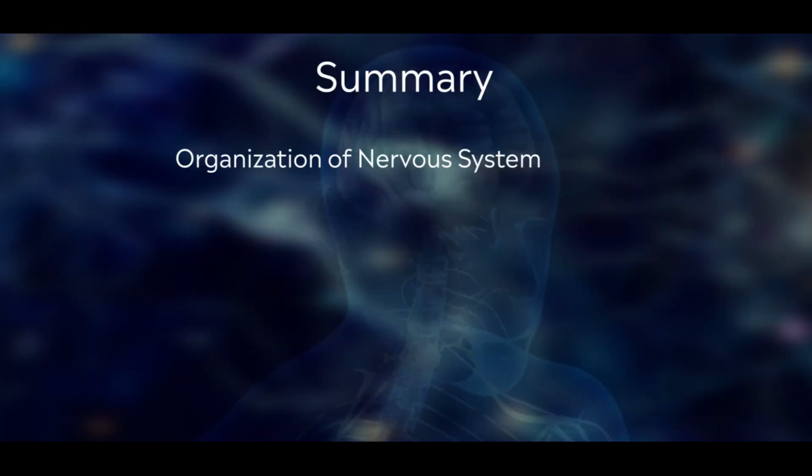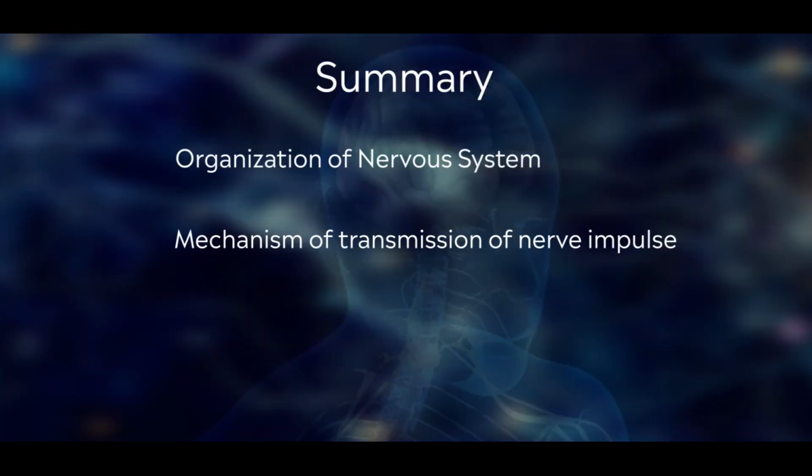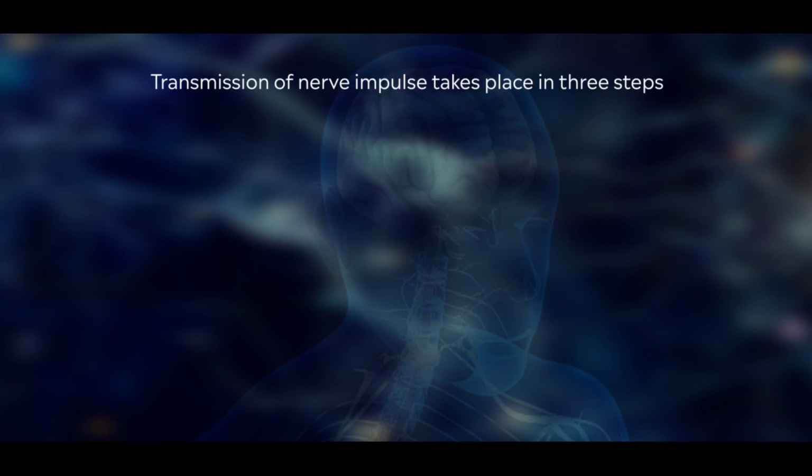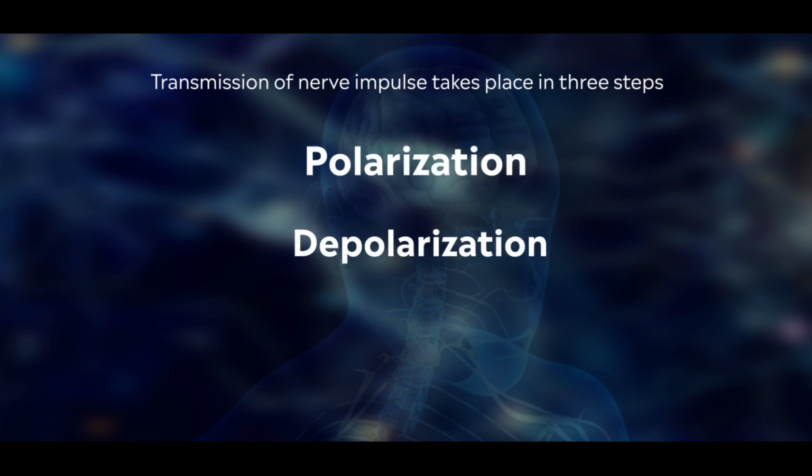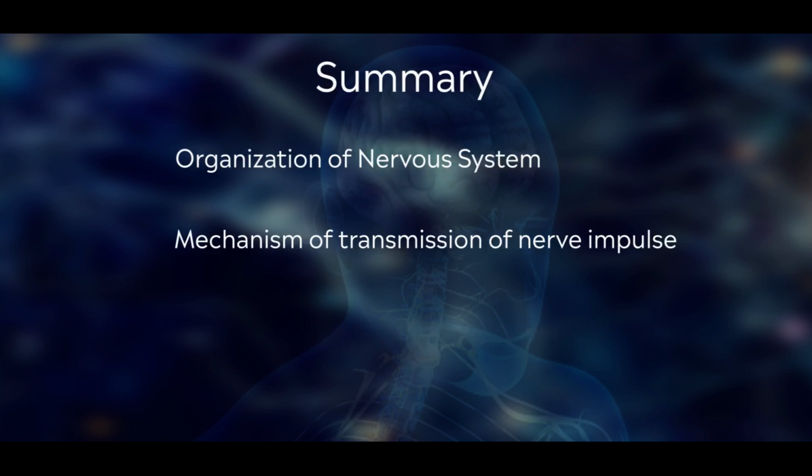Then we also learned about the mechanism of transmission of nerve impulse. So there are three major steps. They are polarization, depolarization, and repolarization. So this is how the conduction of nerve impulse takes place in the nerve fibers.